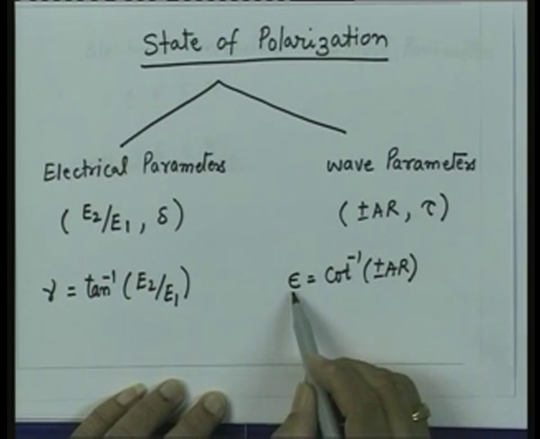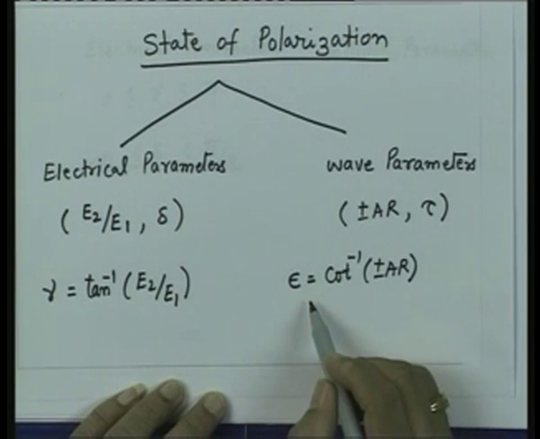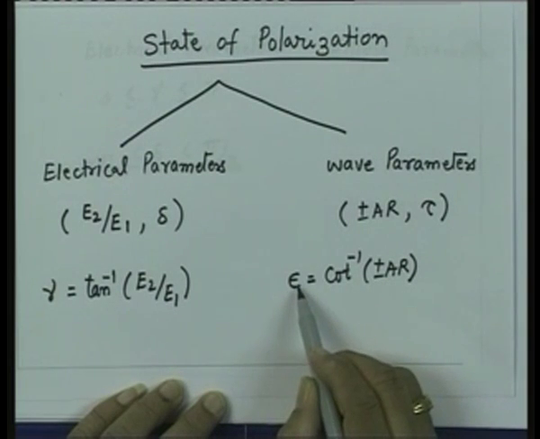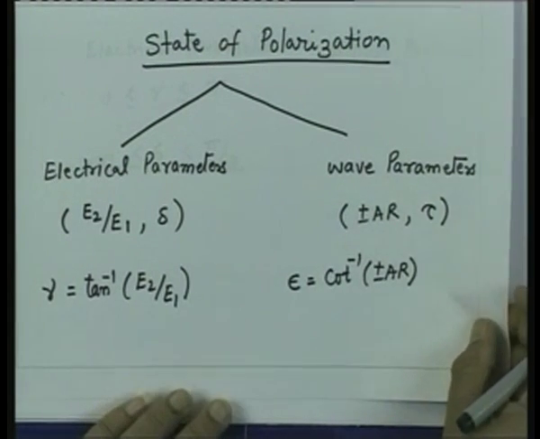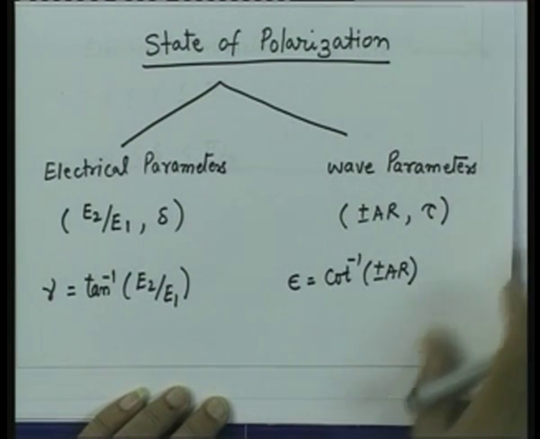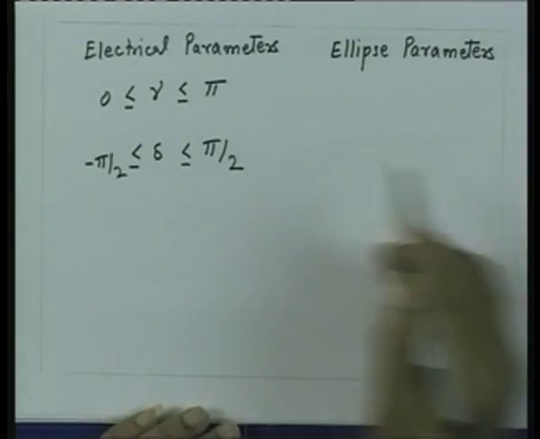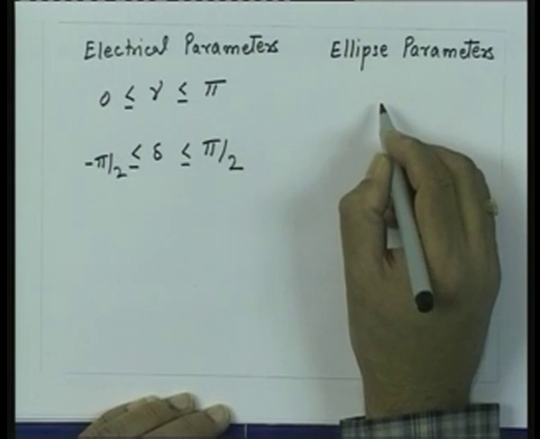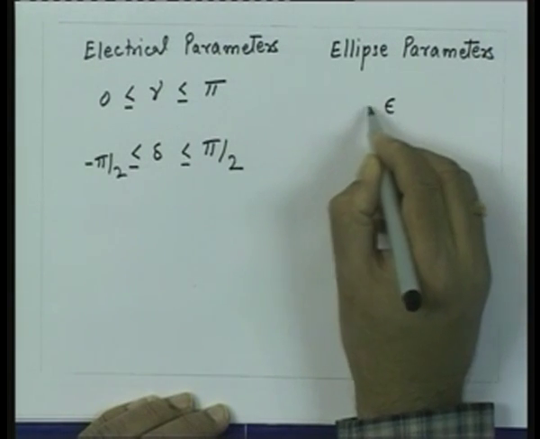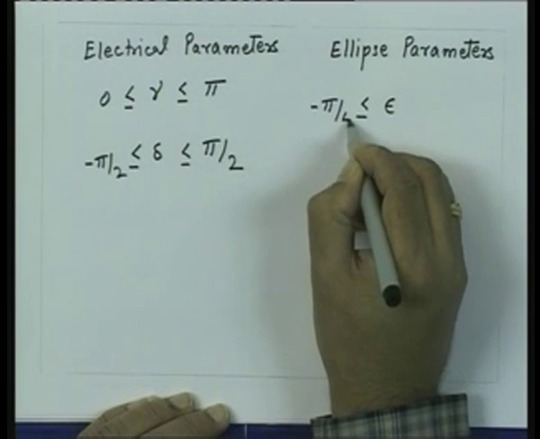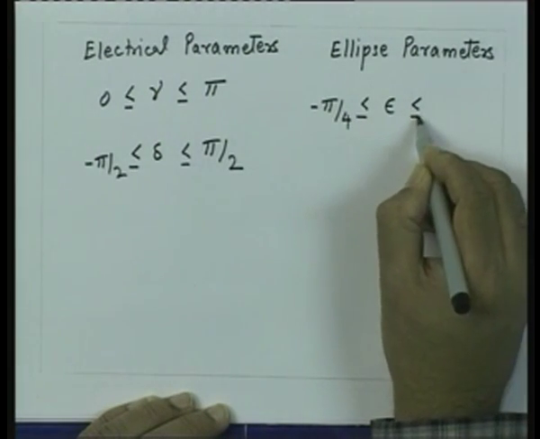That means this angle epsilon can vary from 0 to 45 degrees with the sign, plus or minus. So, the range of epsilon is from minus 45 degrees to plus 45 degrees, and the angle tau will go from 0 to 180 degrees as we saw for the ellipse. So, the range for epsilon is from minus pi by 4 to plus pi by 4.